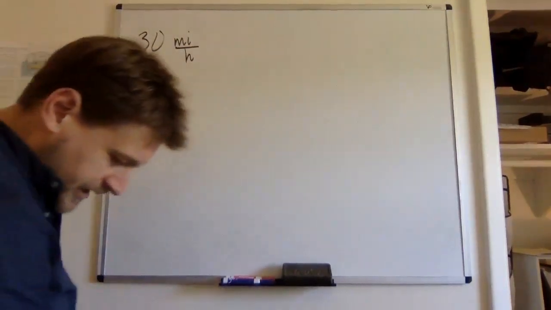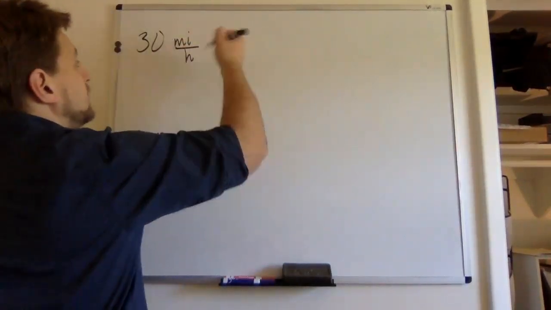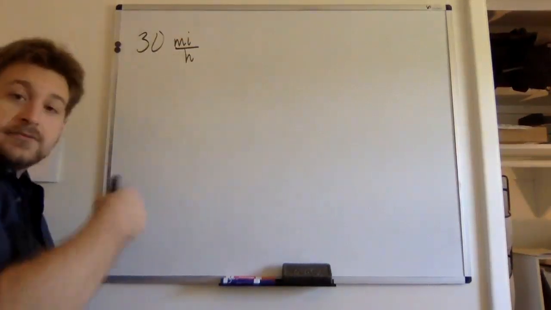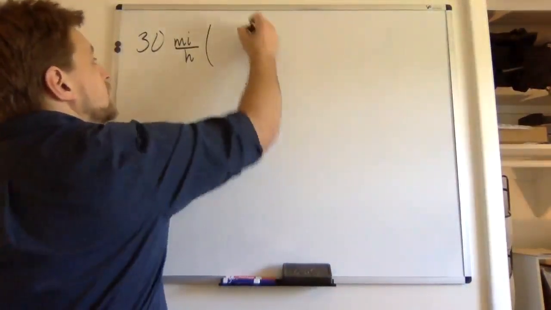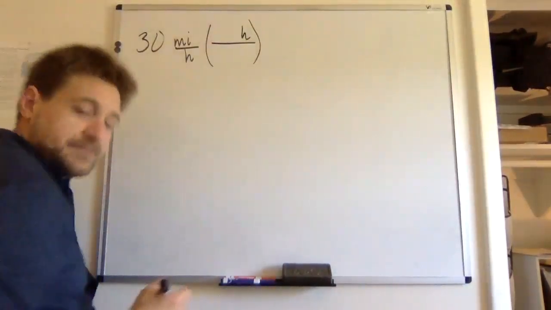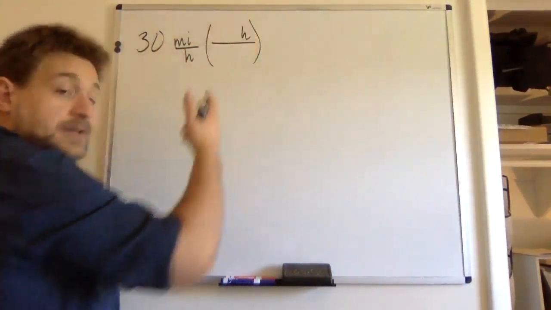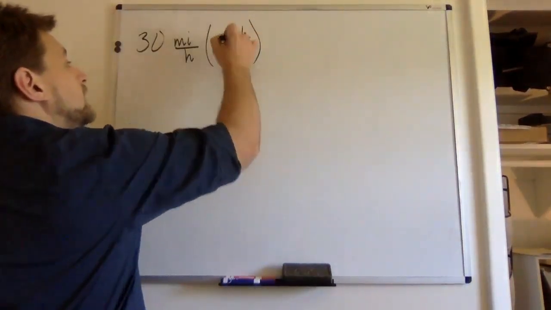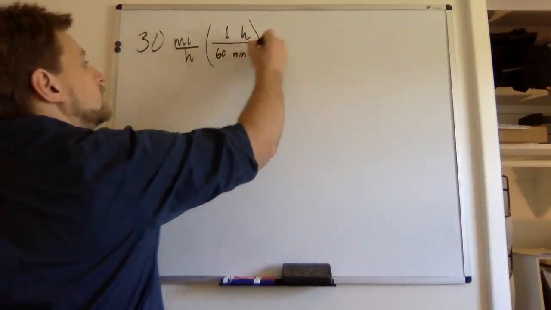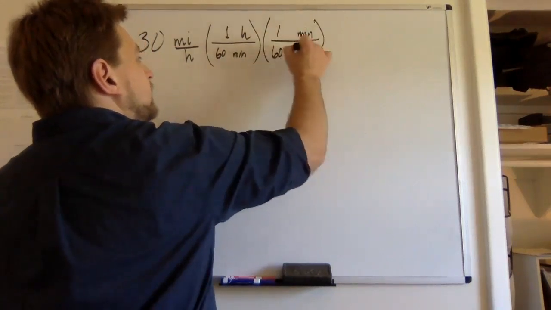When we say per, miles per hour, that's a fraction line. Anytime we say per, that's the fraction line. Miles per hour. So let's pretend that miles and hours are variables, and that when we multiply by a fraction, if we had hours in the numerator of that fraction, then those hours would cancel, like they were x and x on both sides of a fraction line. 1 hour is 60 minutes, and 1 minute is 60 seconds.